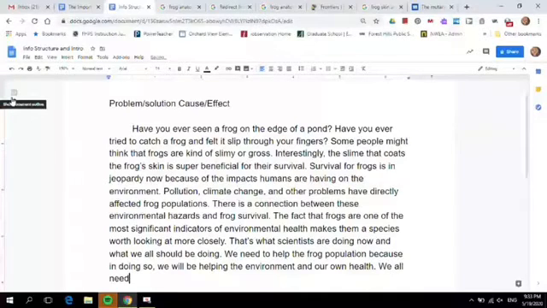We all need a healthy planet, and frogs, and what else can I put there?